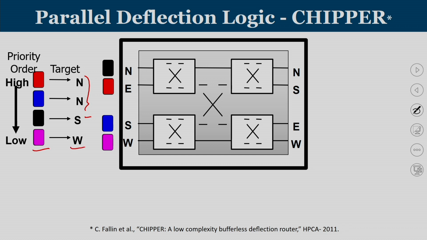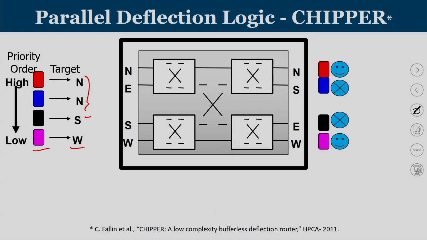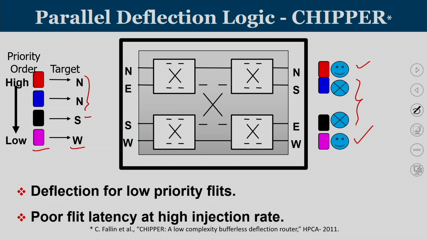We have seen what the logic is. 2 flits are coming together, and based upon the priority some of them get swapped and reach the second stage. Now you see the red got the desired port, so red is happy. The magenta also got the desired one, so it is also happy, whereas blue and black did not get the desired output port. So, that leads to a scenario where some of the flits may get deflected.